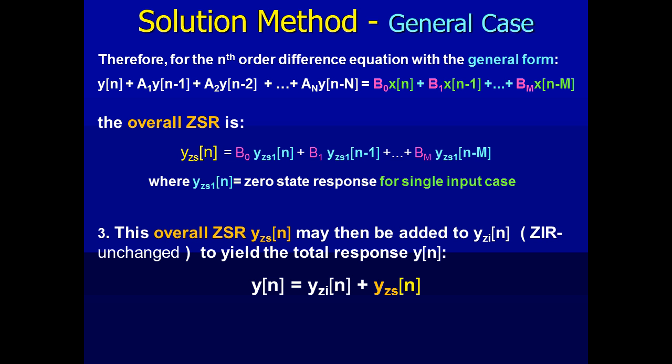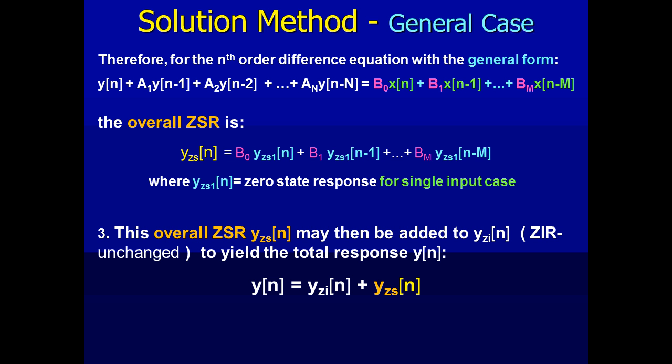Now's why I needed my u of n's at that point, so that we could delay those as well. This is the zero state response for the general case.